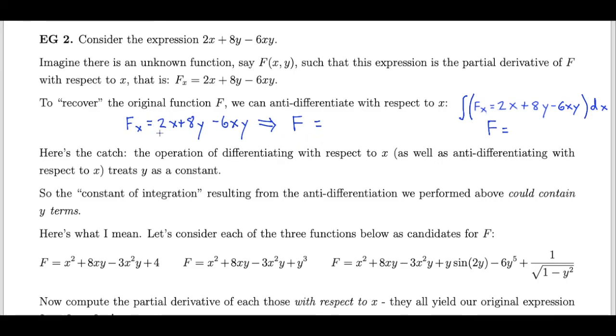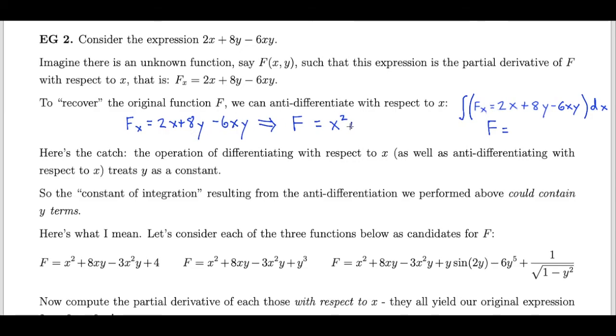I have 2x, and if I was asked to anti-differentiate that, I would be accustomed to saying that the antiderivative would be x squared. The antiderivative of this 8y term may be a little tricky because I have to bear in mind that I'm anti-differentiating with respect to x. So with respect to x, this term is constant, and so its antiderivative would be 8y times x.